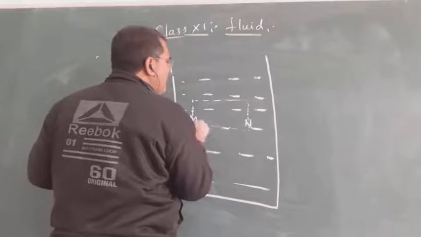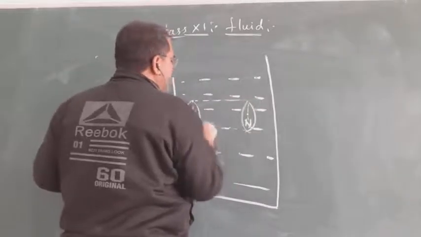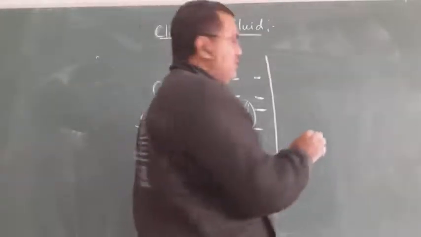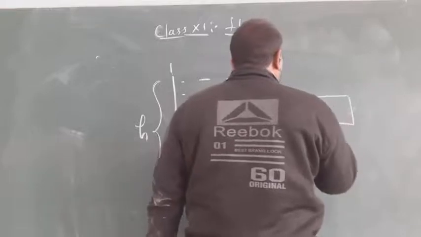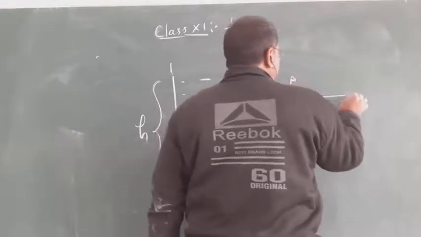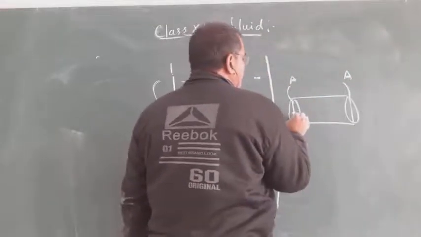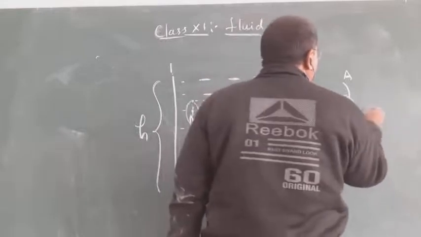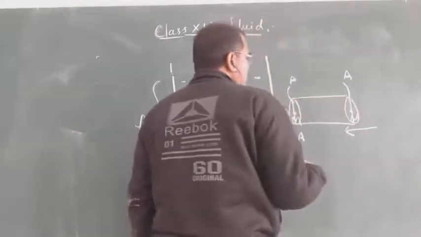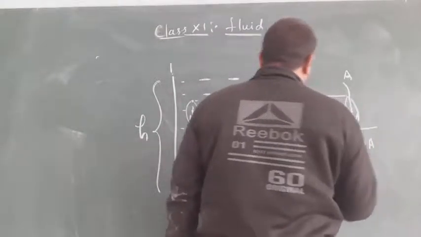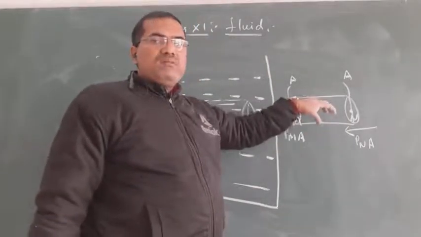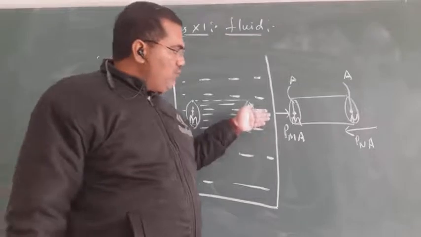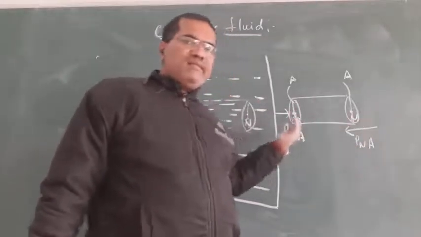So take a hypothetical cylinder and make the free body diagram of it, with cross-sectional area A. At M there is a force PM times A, and on this side there is a force in the negative x direction, PN A. On the side walls there are forces which, due to symmetry, cancel, and the force acting in this direction is counterbalanced by the force acting in the other direction.